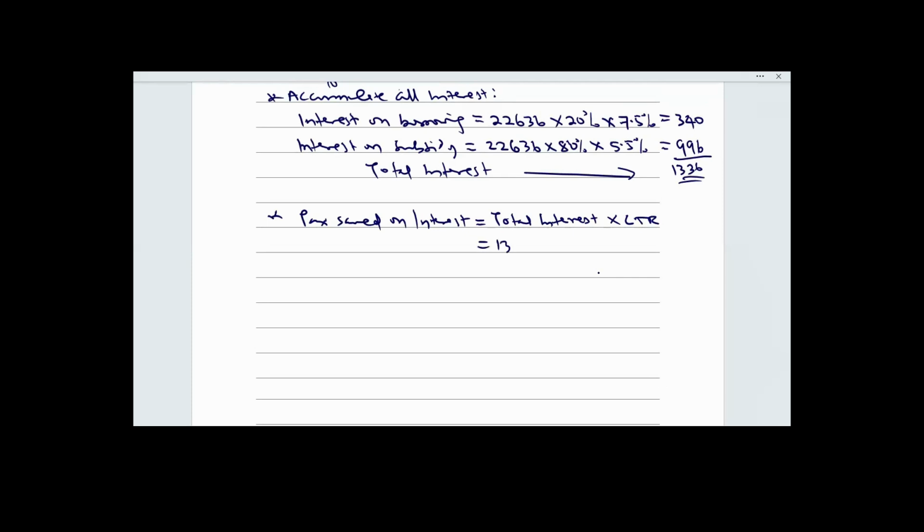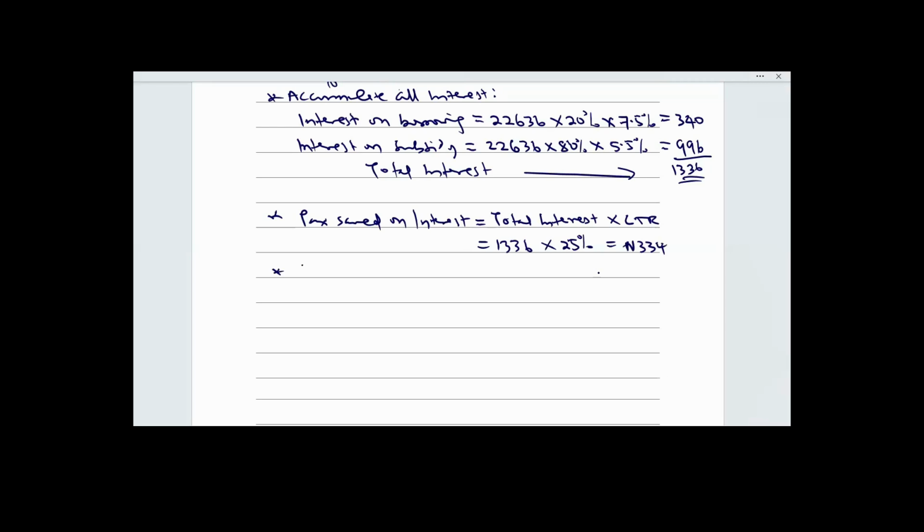Total interest is 1,336 multiplied by the company tax rate of 25%. So 1,336 multiplied by 0.25 equals 334. 334 is the tax saved on interest.